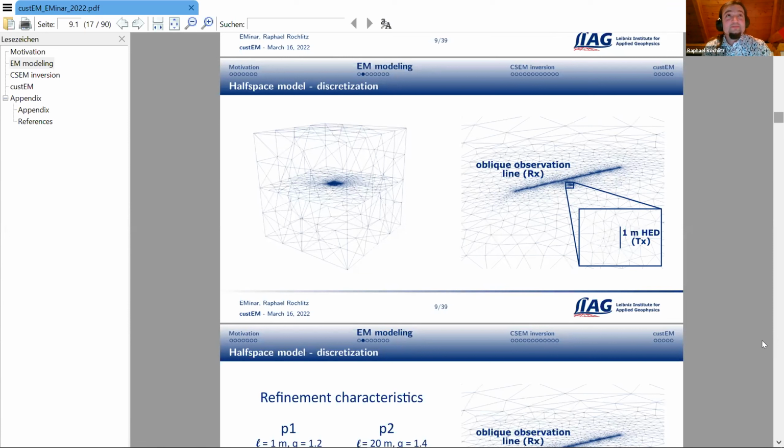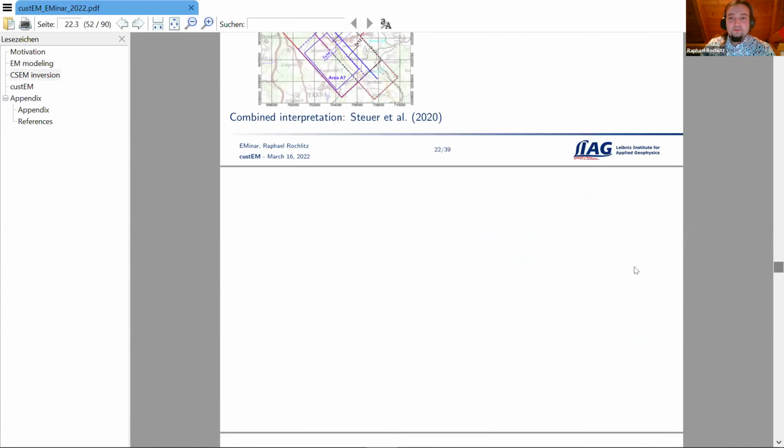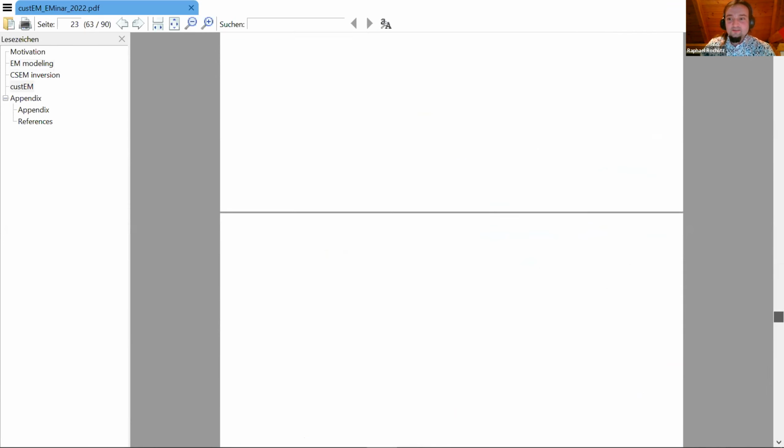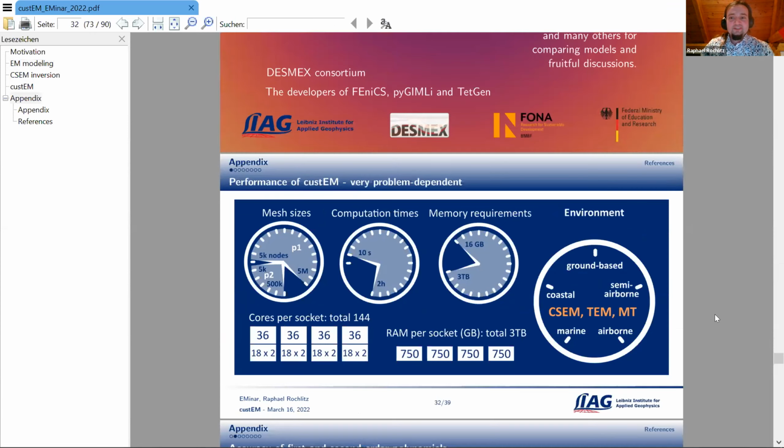Actually, I don't know if I understand you correctly. I also have a picture of the workstation I'm using. Wait a moment, it's here. I run all my simulations on a machine which has 144 cores in total, so 72 physical cores on 4 sockets.